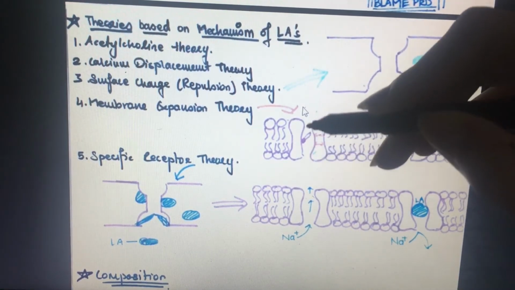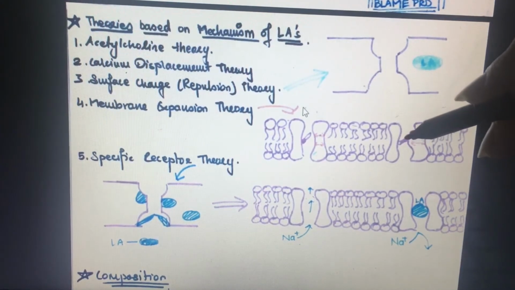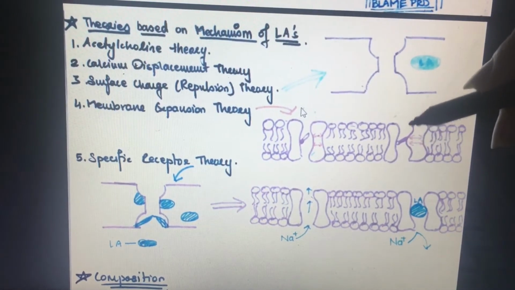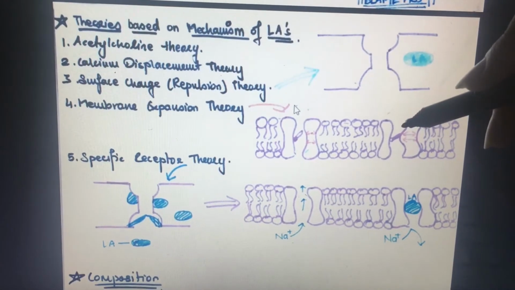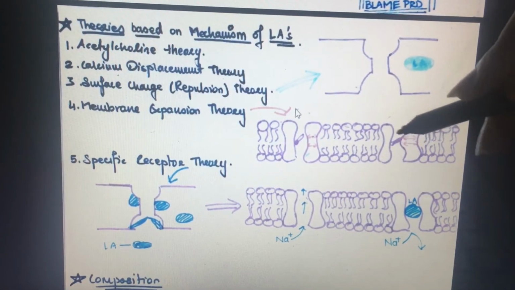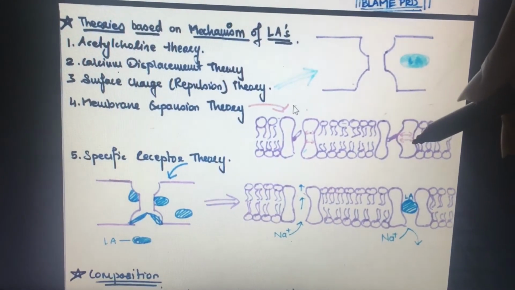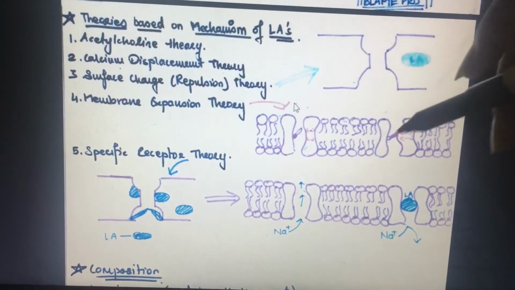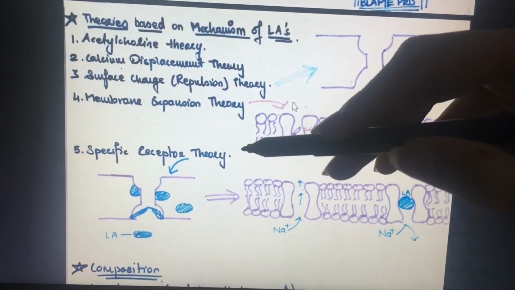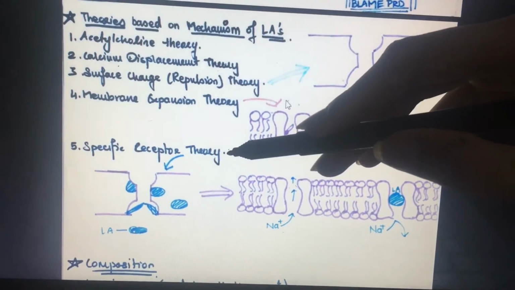What LA does is that it causes an increase in the membrane size, thereby decreasing the diameter of sodium channels, and thus there is decreased permeability of sodium ions through the sodium channel, which inhibits the neural excitation.